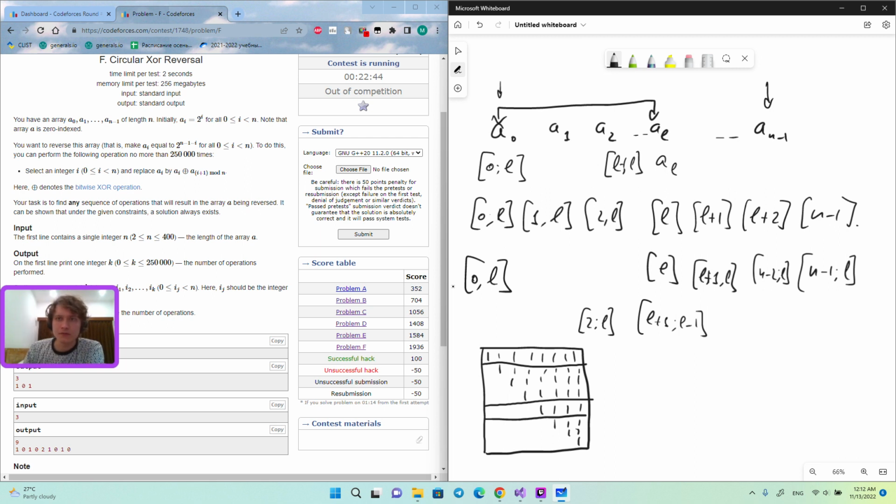Okay, now we want to remove these ones because they suck, don't they? We cannot do it here. We cannot do it with these ones.